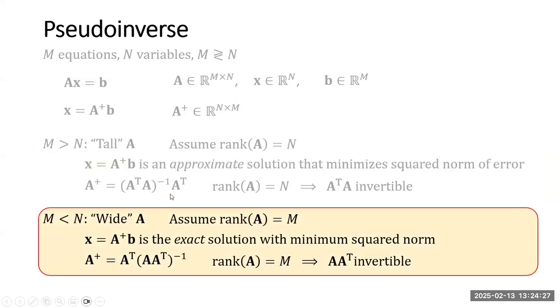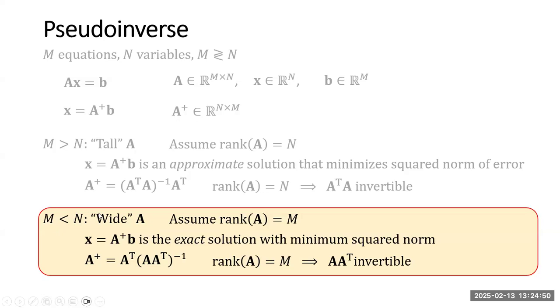Now the second situation is where m is less than n. So the number of rows is less than the number of columns in A. Maybe m is 10 and n is 100. So we have 100 variables, but we have only 10 linear equalities to satisfy.